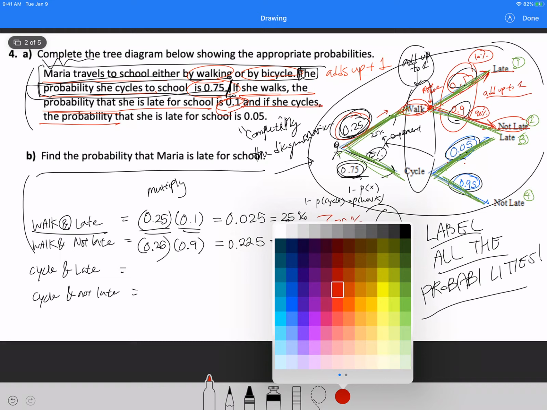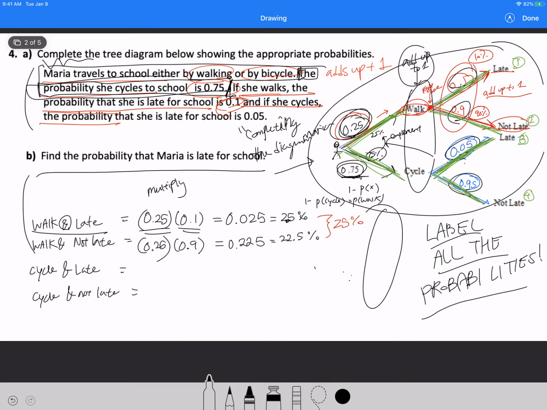Now, the last two, cycling, which is 75%, and she becomes late with 0.05. If you type that into your calculator, you end up with 0.0375, which is 3.75%.